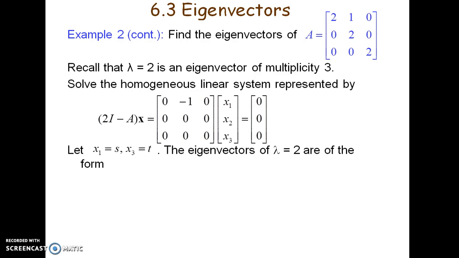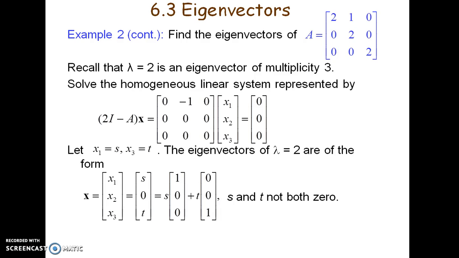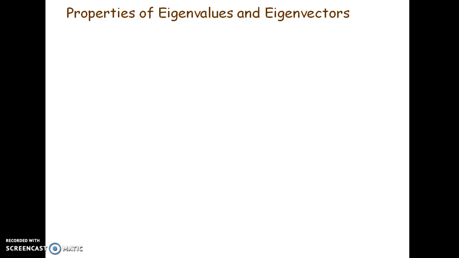Let x1 equal s, x3 equal t. The eigenvectors of lambda equal to 2 are of the form X equal to (x1, x2, x3), which is equal to (s, 0, t), or s times (1, 0, 0) plus t times (0, 0, 1), where s and t are not both 0.